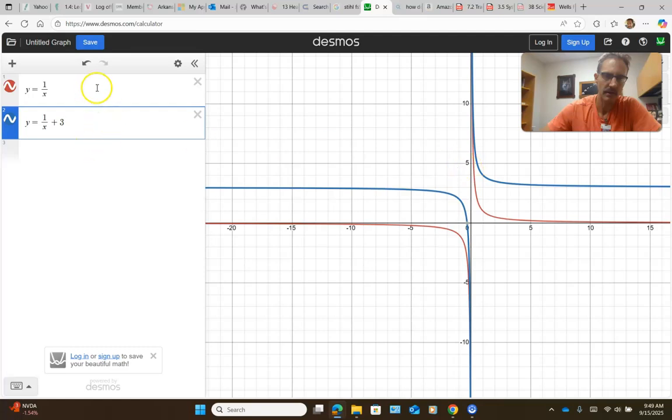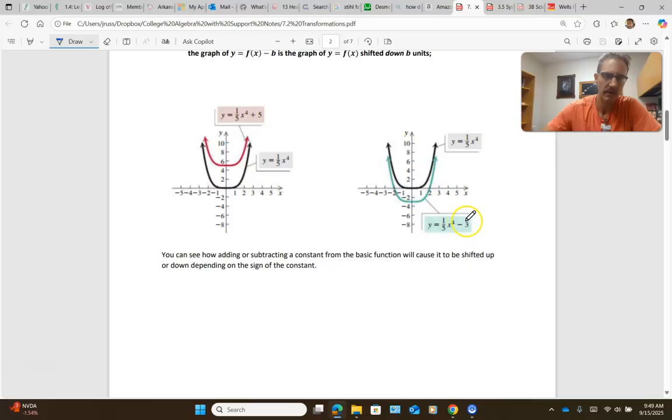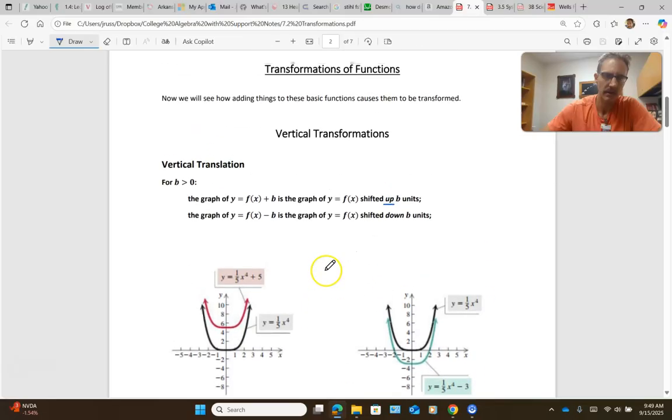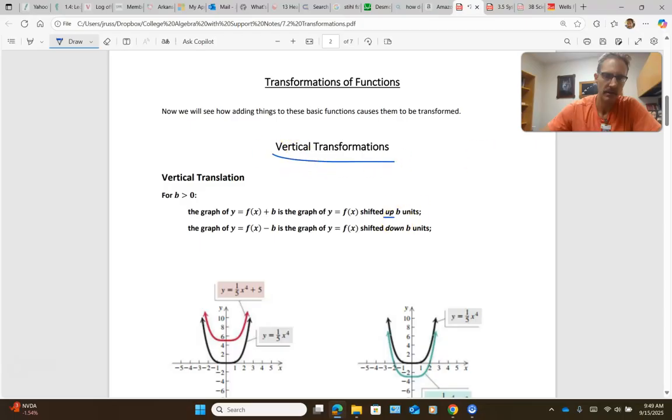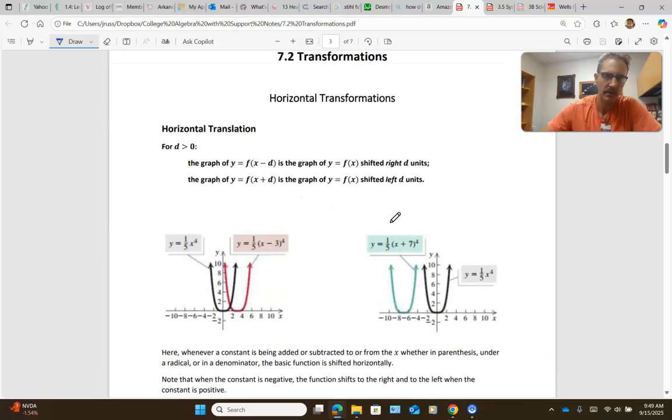In other words, guys, the y-coordinates of all the points that make up that function increase by 3, or they decrease by whatever number. Okay, so in short, if there is a number out to the side of your function, that will yield a vertical transformation.